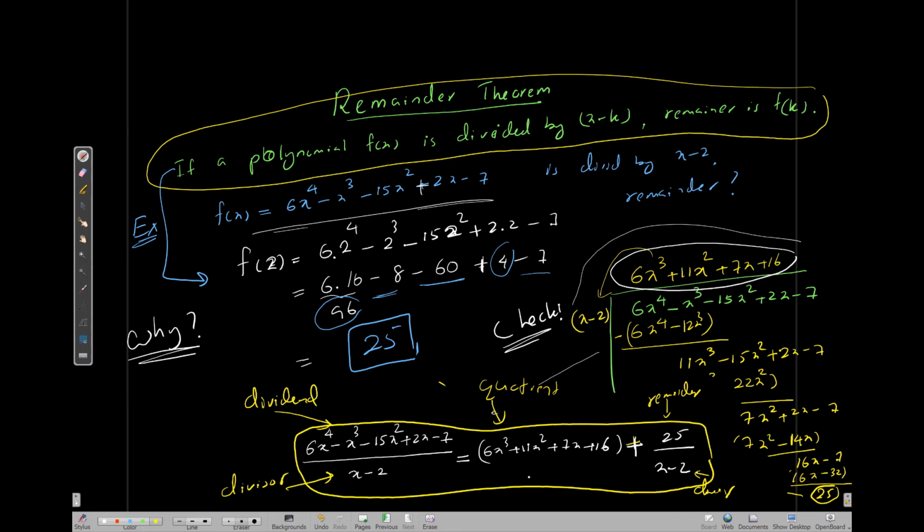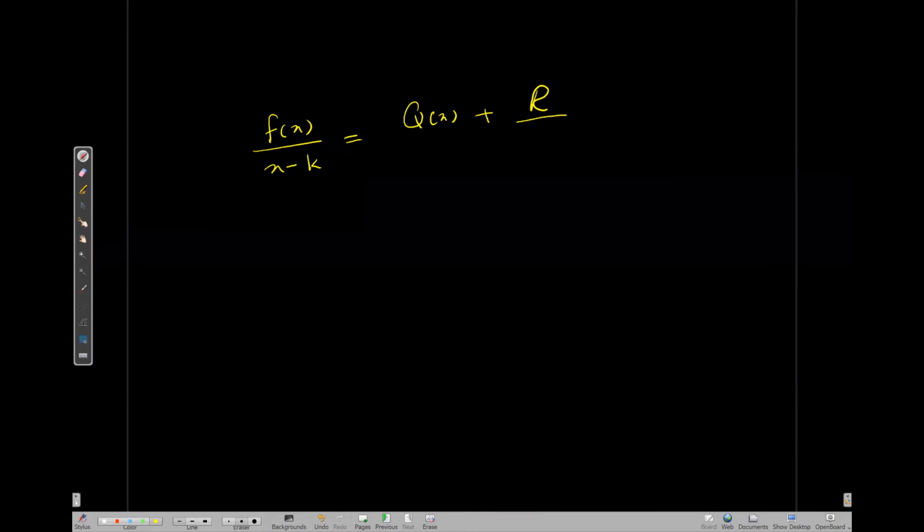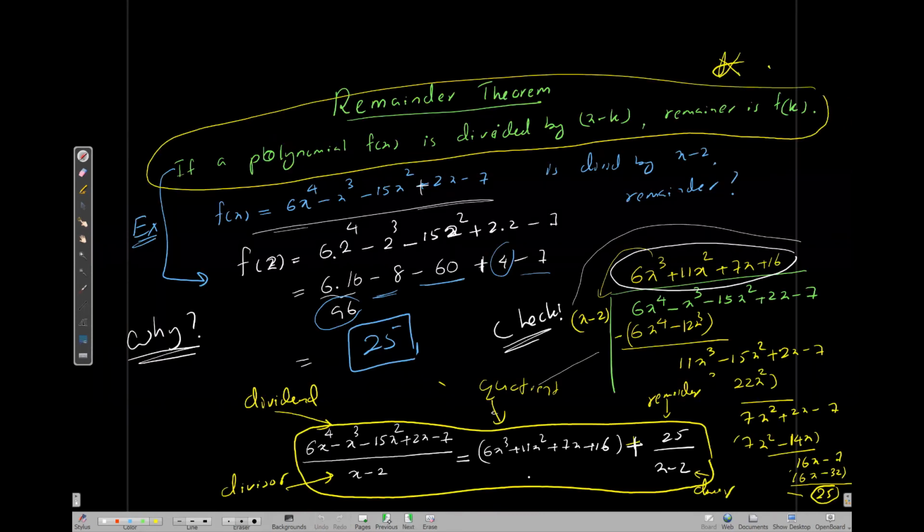Now let's see why this is true. So in general, when I divide f of x by x minus k, and the quotient is, let's say, q of x, we get the quotient plus remainder, let me put r, over x minus k.